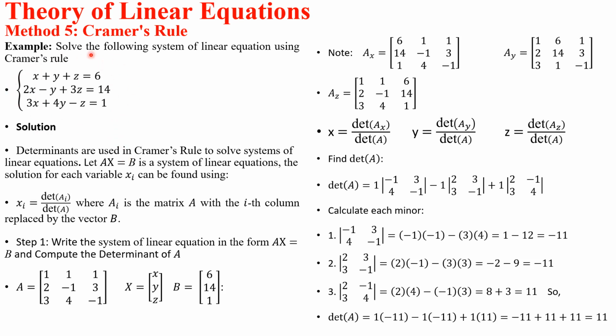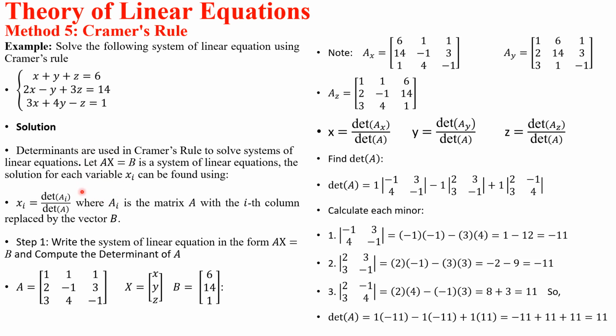Earlier, this system of linear equations had been solved using the matrix inversion method, substitution method, elimination method, as well as Gaussian elimination method. So this time around, we'll be using Cramer's rule.